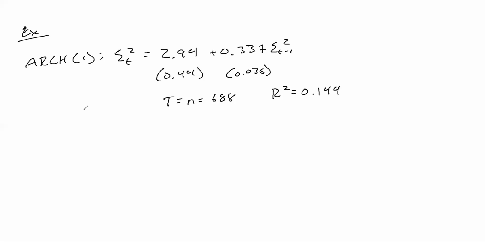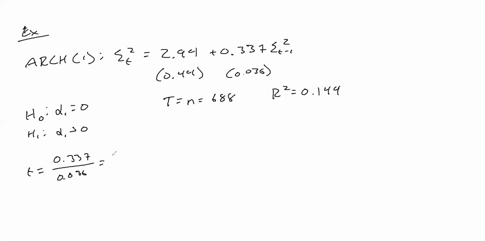Remember, our null hypothesis is that alpha 1 is equal to 0. The alternative is that alpha 1 is greater than 0. So first, let's do it with a t-test. So t is going to be equal to the estimate for alpha 1, 0.337, divided by the standard error for alpha 1, which is 0.036.